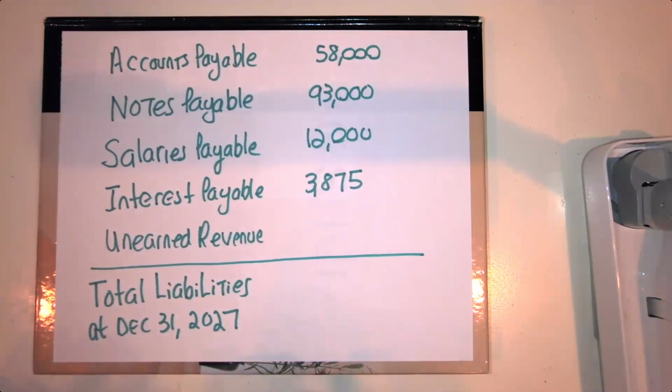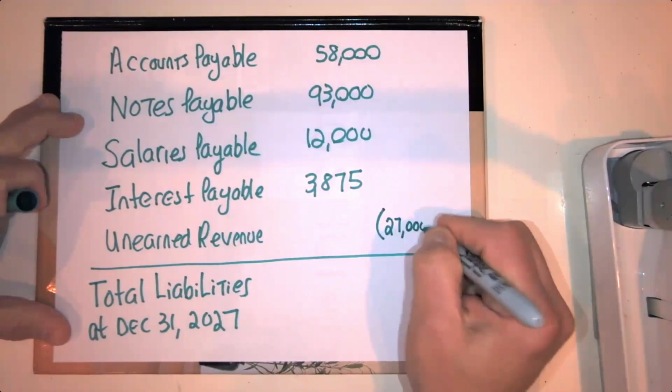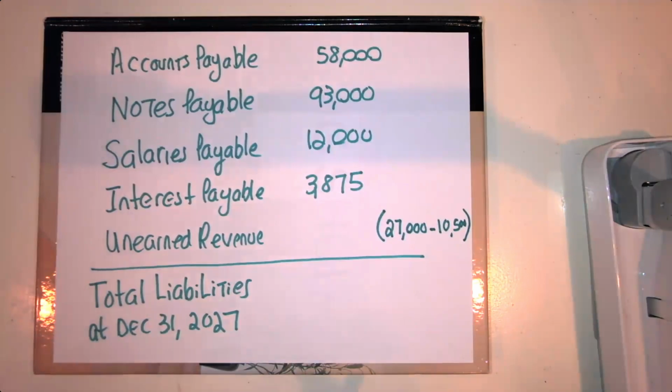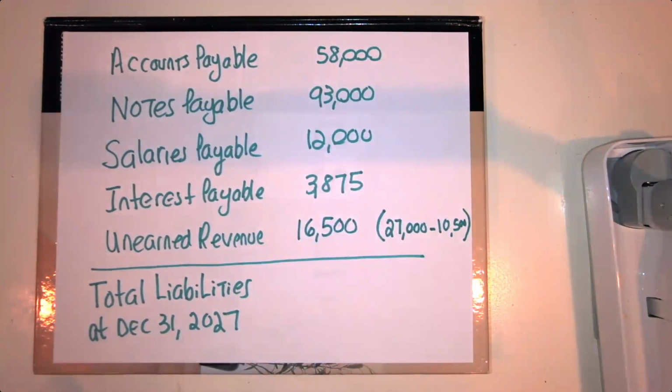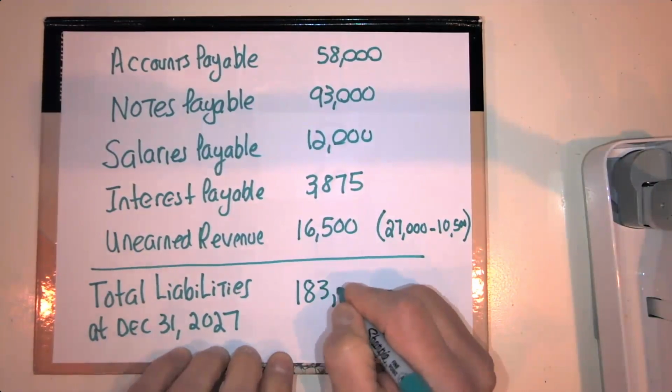So as of the end of the year, the unearned revenue, the services that we still owe, looks like $16,500. Taking what we started with and subtracting what we've actually done during the year. Giving us total liabilities at December 31st of $183,375.